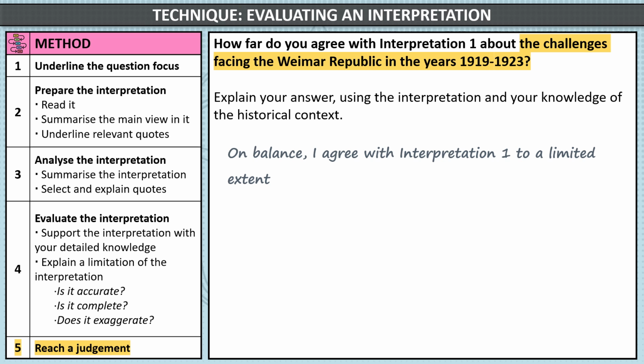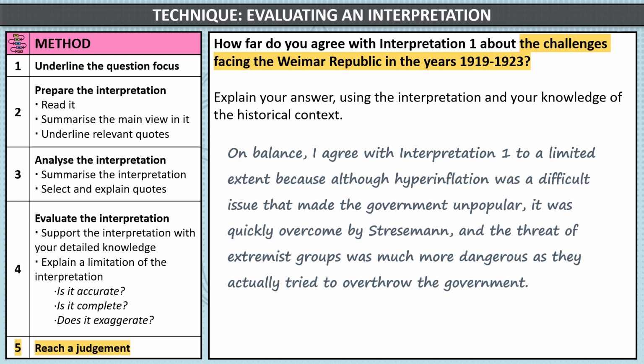I need to give my winning reasons why. Now, my winning reason is that although the interpretation is right, hyperinflation was a difficult issue, I think it was less serious because the government was able to solve it quickly, and extremist groups were a much more dangerous problem.